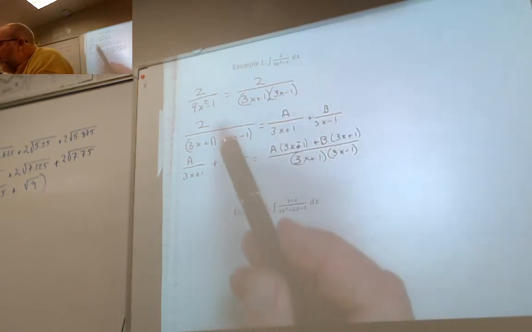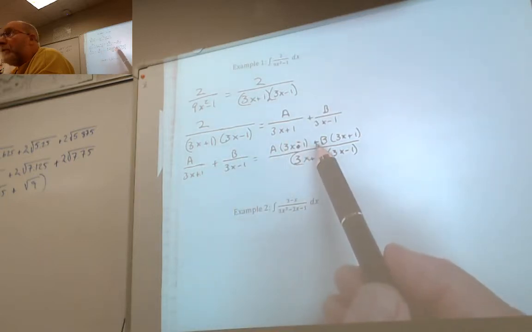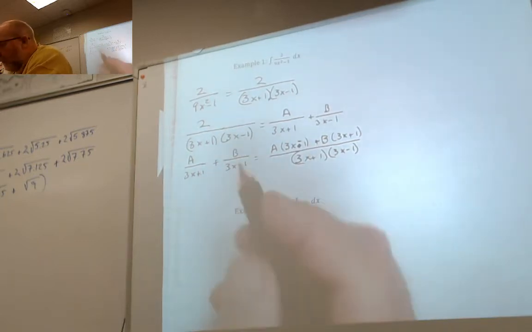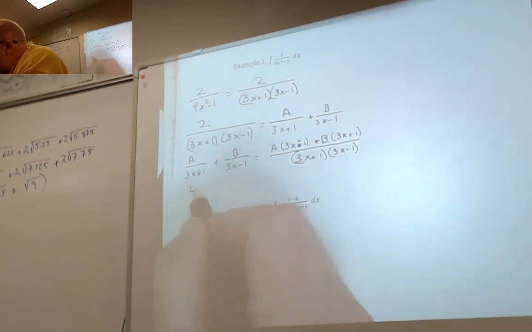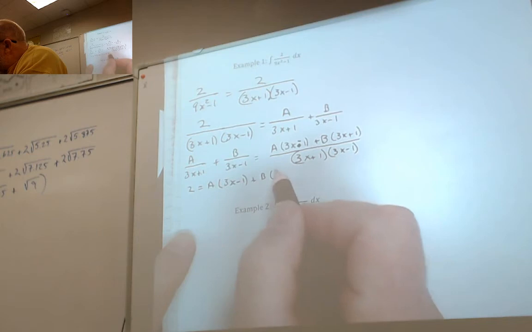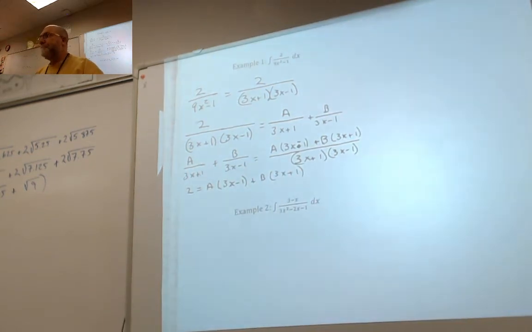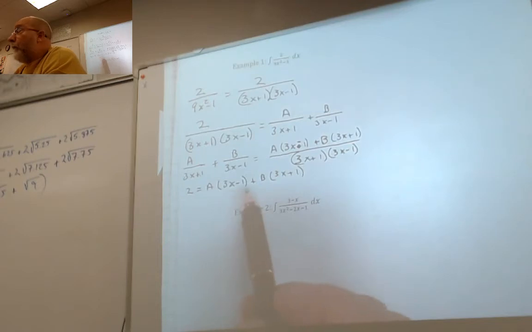So that means this numerator, which has the same denominator, must be equal to this numerator. So over here I'm going to write down 2 equals a times 3x minus 1 plus b times 3x plus 1. Now I'm going to solve for a and b. And this is true for any x.